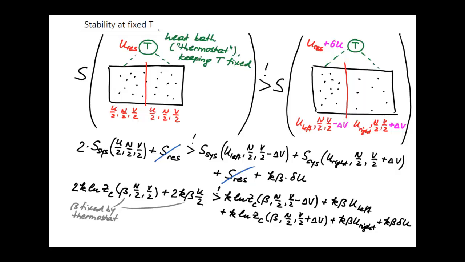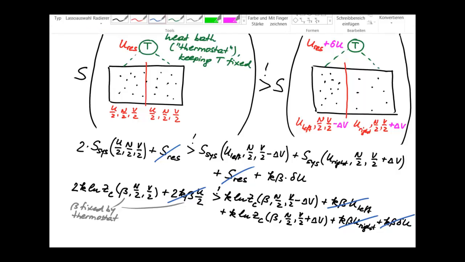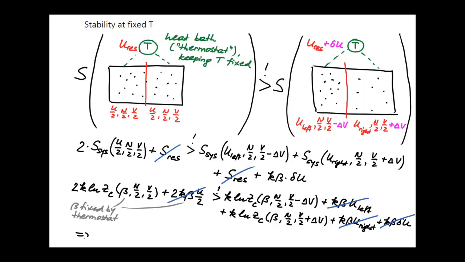So this implies that these terms all cancel, because U left plus U right plus U reservoir plus delta U, that's what you have on the right hand side, must be equal to U plus U reservoir, and therefore these terms cancel. And let me just write the last line. As a consequence of that, you have an inequality.